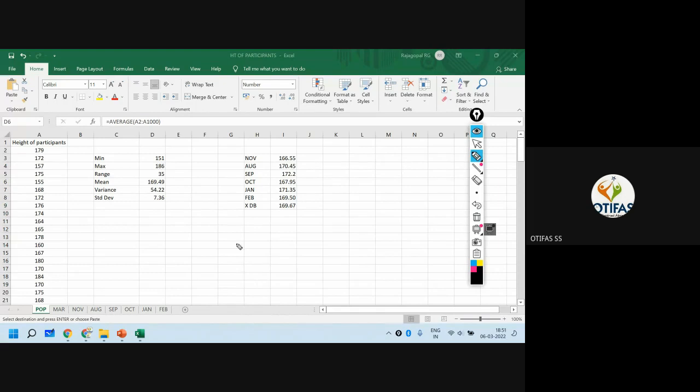Now, how do you get this exact data? This was my November batch. Mean of November batch, mean of August batch, mean of September batch, mean of October batch, mean of January batch, February batch. Now let me put the mean of March data also. What was the mean of March data?